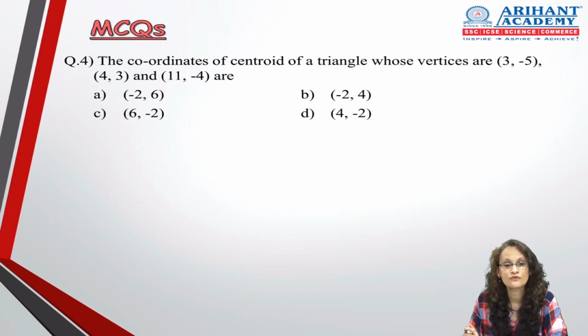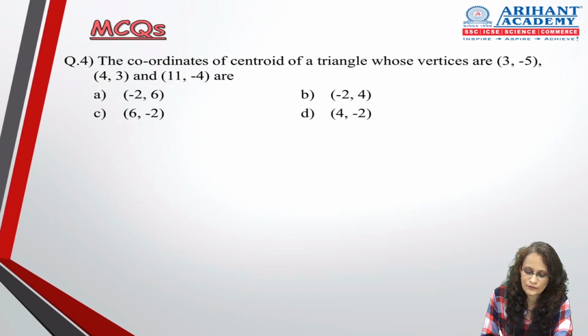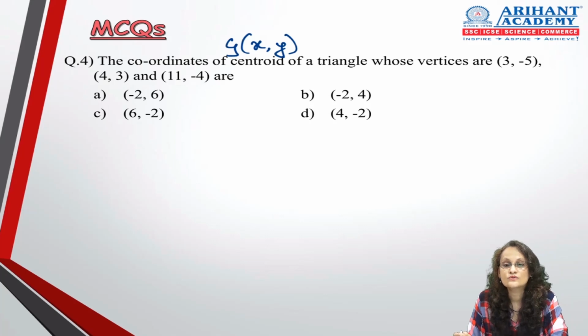Now, the fourth MCQ. The coordinates of the centroid of a triangle. Meaning we have to find the coordinates of the centroid. So I know it is going to be G bracket x comma y, whose vertices are 3 comma minus 5.